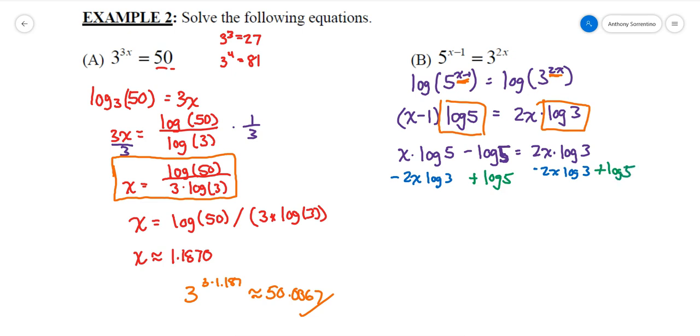And so what happens with those is that I got a cancellation here, I have a cancellation here. So I have x times the log of 5 minus 2x times the log of 3 equaling the log of 5.